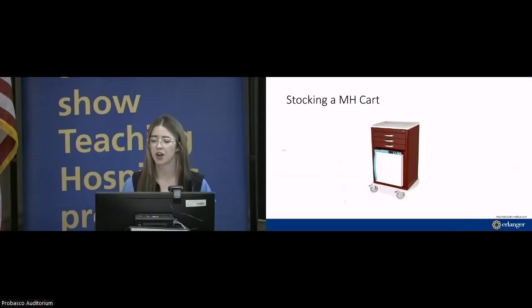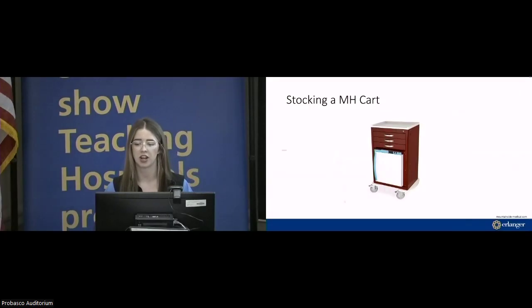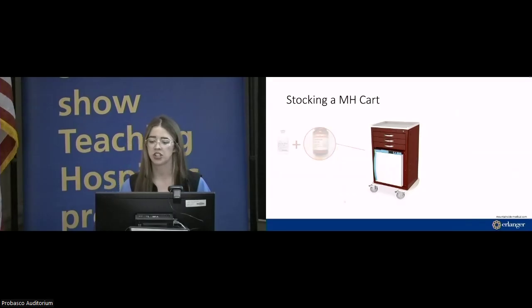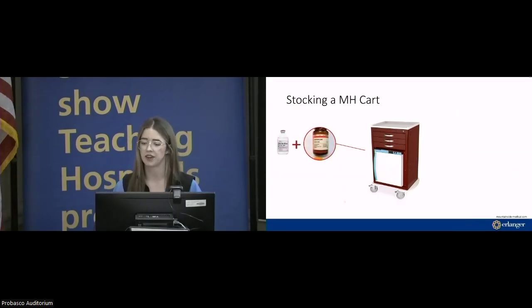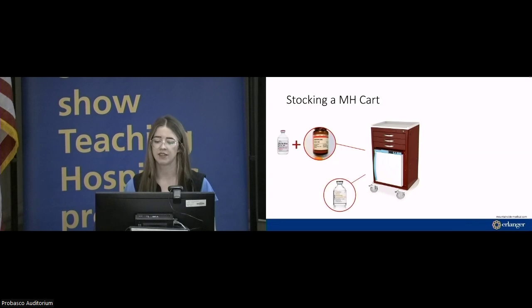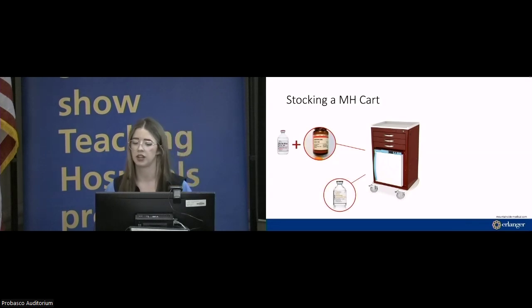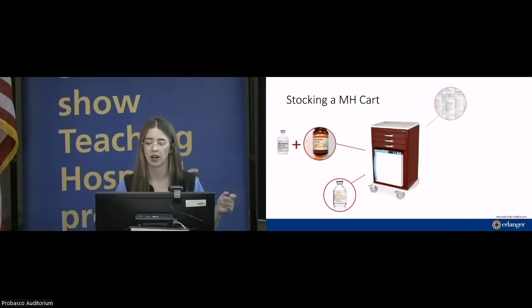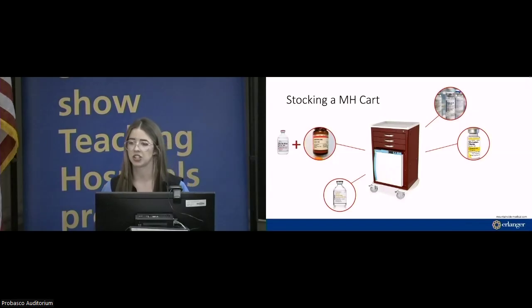From a systems and pharmacy operations standpoint, having a fully stocked malignant hyperthermia cart is essential. The cart should contain an adequate supply of dantrolene vials along with sufficient sterile water for reconstitution with clearly labeled mixing instructions. Adjunctive medications typically include agents to manage hyperkalemia and acidosis, such as sodium bicarb, insulin with dextrose, and calcium, as well as medications for arrhythmia management.